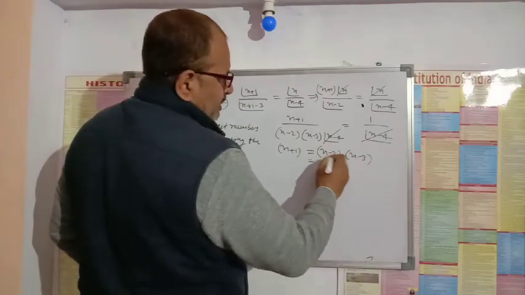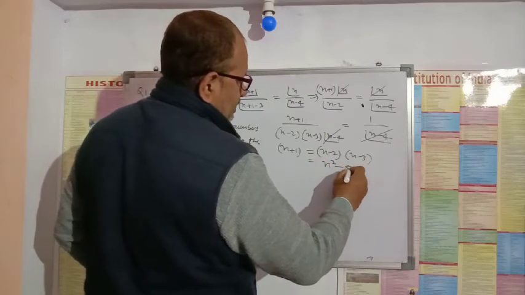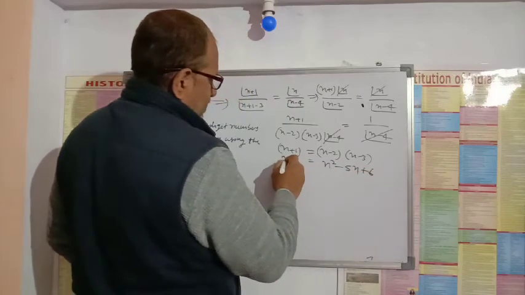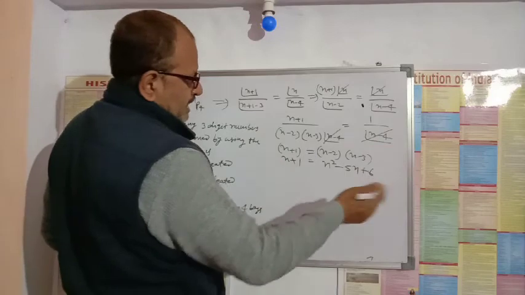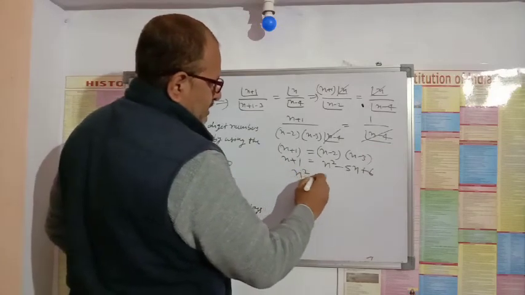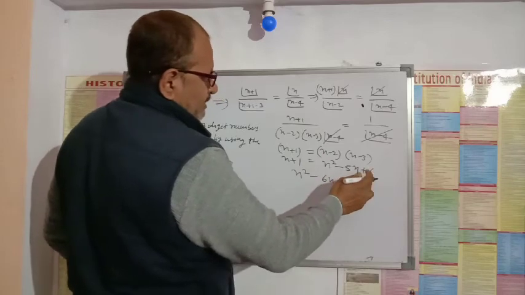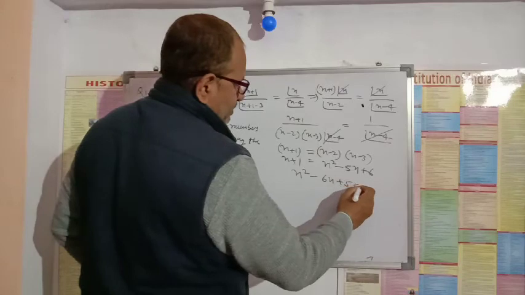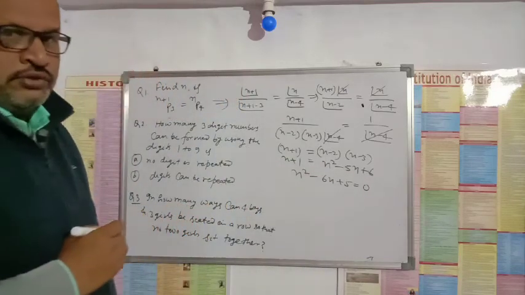Open this bracket. When we multiply these two brackets, it comes n square minus 5n plus 6 is equal to n plus 1. Transpose all the terms to the right side. n square minus 5n, transpose n, it will be minus 6n, and plus 6, transpose 1, 6 minus 1, 5, is equal to 0.